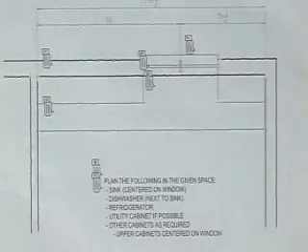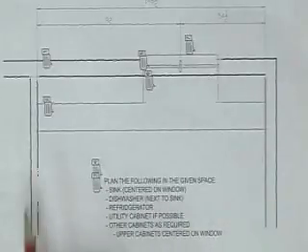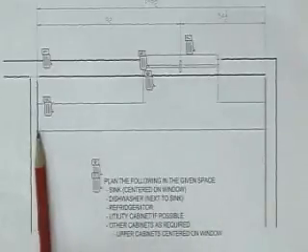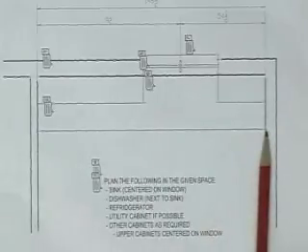When we start talking about finished areas like kitchens, we are not interested in how far it is from the outside of this wall to the center of this wall. What we want and need to know is the distance from finished wall to finished wall.